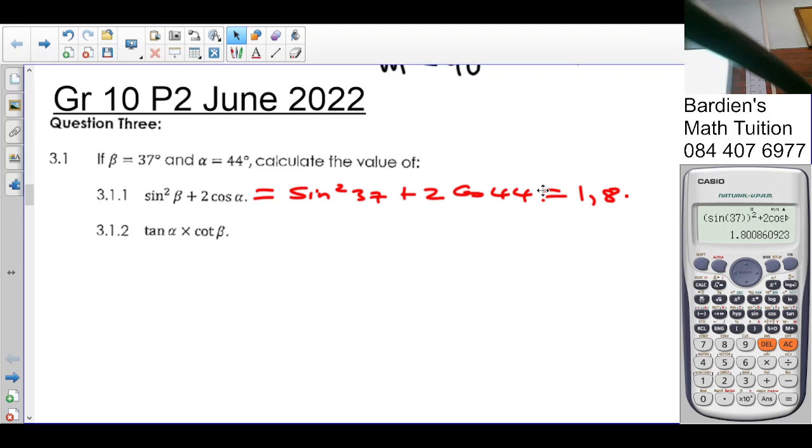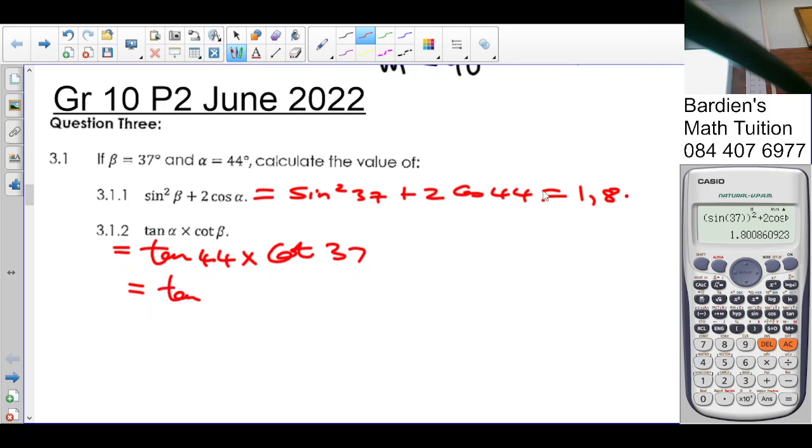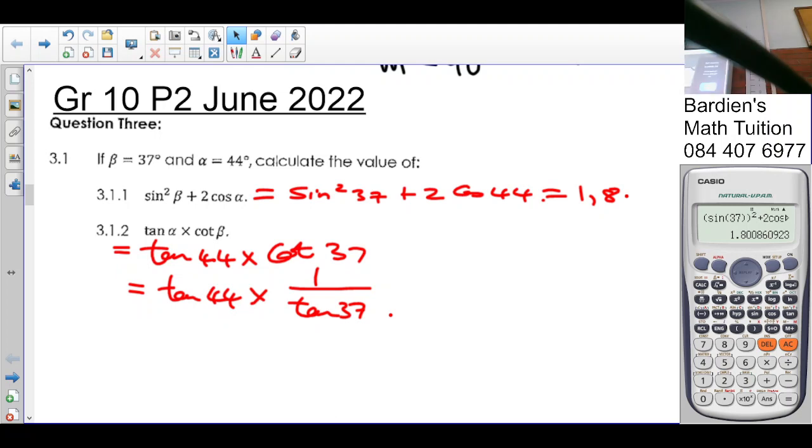The next one we have tan of alpha, so it will be tan alpha, which is 44, times cot of 37. So that's going to be tan 44 times, now 1 over tan is cot. Okay, that's where I go. I'm going to pause the video at this point. Okay, so I said that tan of alpha times cot of beta.